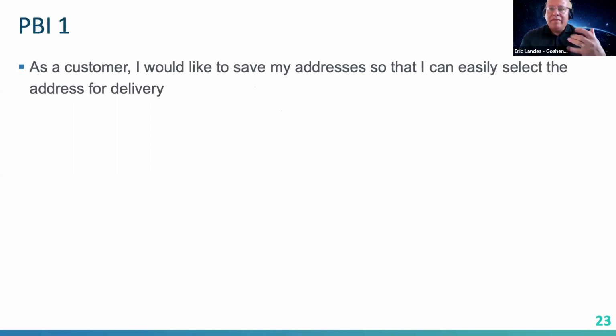We want to be able to have multiple shipping addresses so that I can go back, and if I want it to go to a different address, that's easily done. So it seems like a very easy PBI. I don't know what you guys think, but any questions on that from the team?